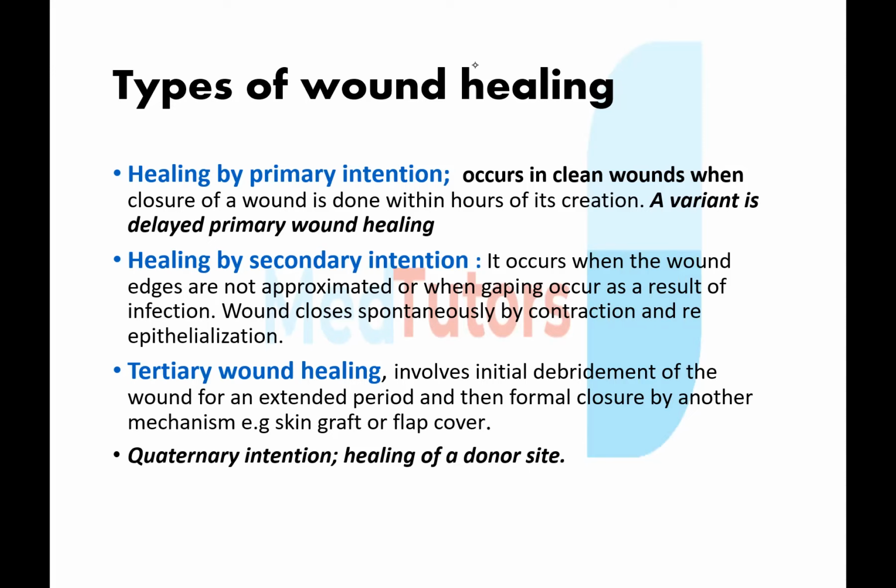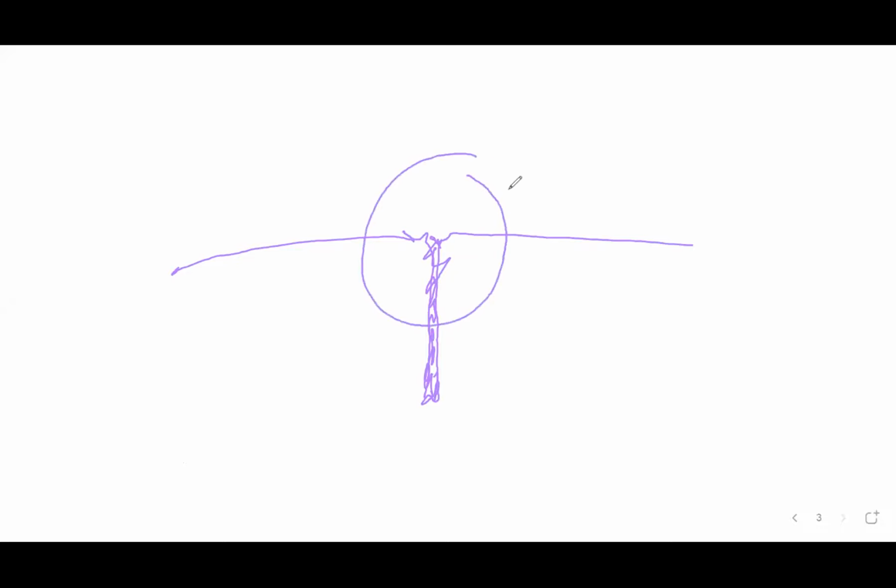Now, here, let me demonstrate that to you. In healing by primary intention, the edges are opposed together. So all the process of healing takes place within this incision site, and you can further enhance it by putting a suture to close the wound.